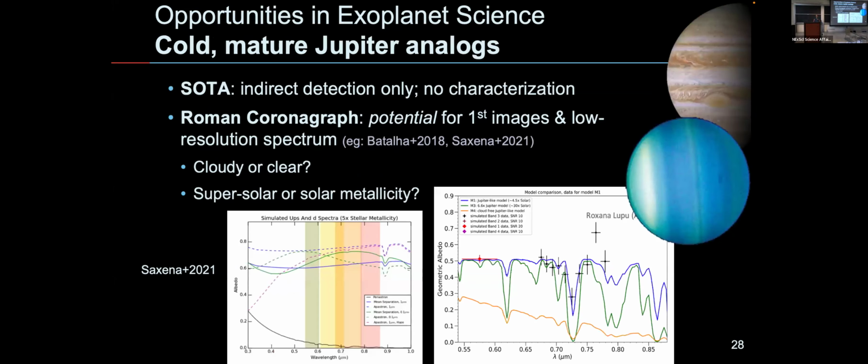We hope that with the predicted performance we can take the first actual image and first low resolution spectrum of a true cold Jupiter analog in reflected light, and broadly answer: is that a cloudy or a clear atmosphere, and are we kind of solar-like abundance? Are we super solar abundance? There's only a handful of systems where this might be possible, but I'm really excited for this potential first out of Roman in the next couple of years.